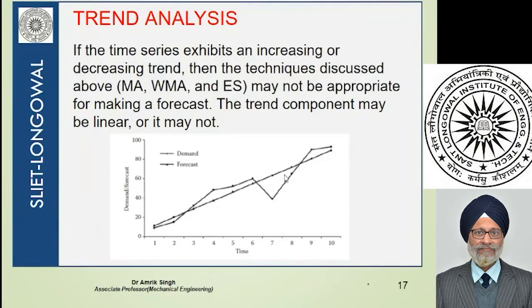You see more or less it follows a trend. So a line or a curve can be fitted in this curve. You see there are variations in the demand. So you can see more or less it will be like this according to the forecast.